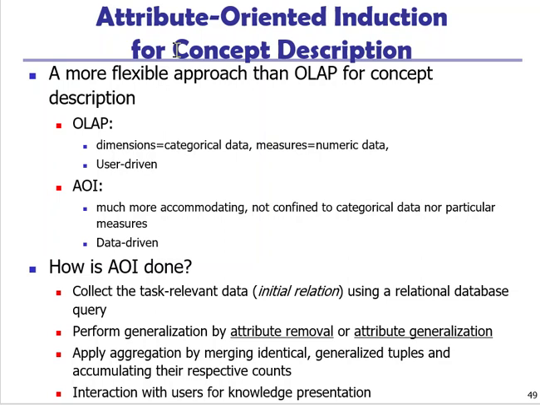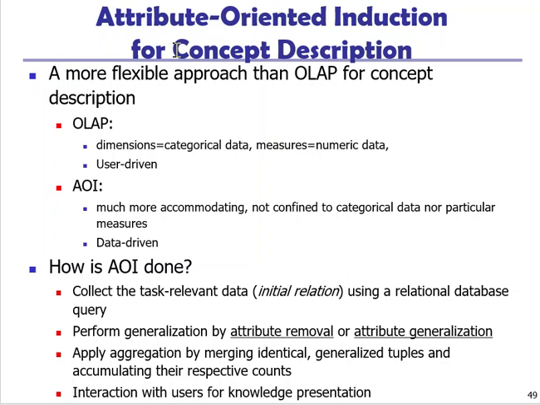One example of a concept could be graduate student versus undergraduate student, or people who do not tend to get COVID infected and people who tend to get COVID infected. Attribute-oriented induction is one method that we can use to perform this descriptive mining.